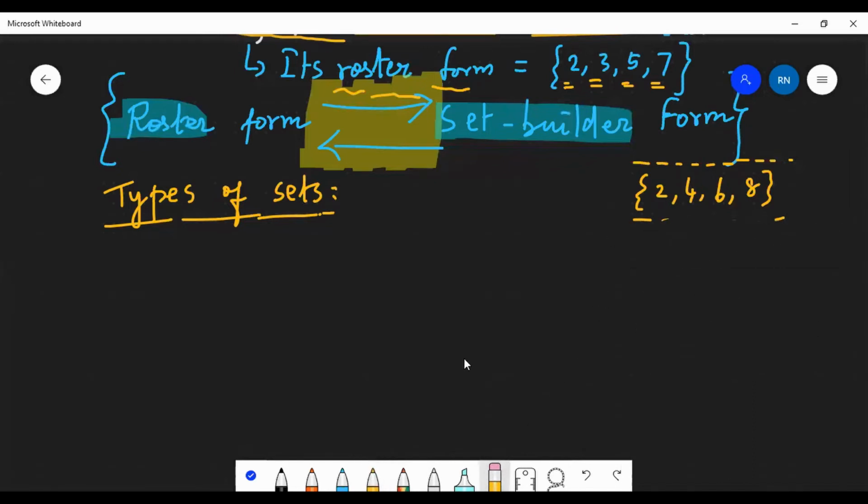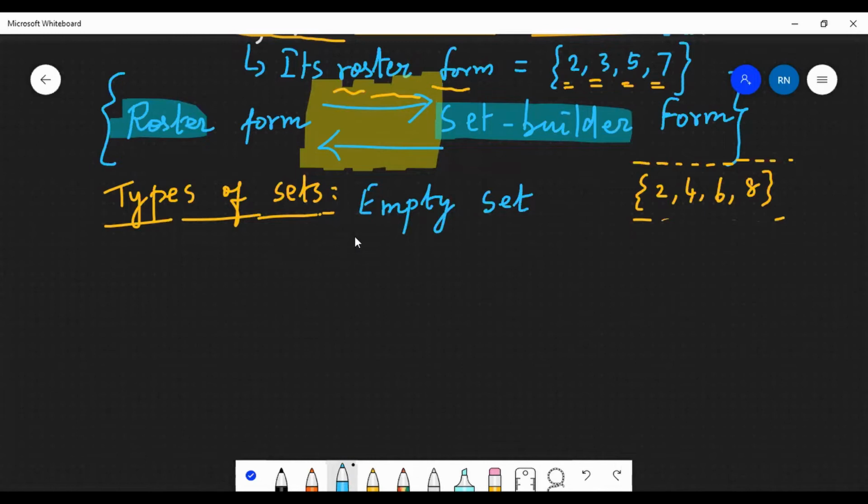Okay, so it will be clear with the multiple types of sets. Very first set, let me write: empty set. Very simple. A set which is empty.